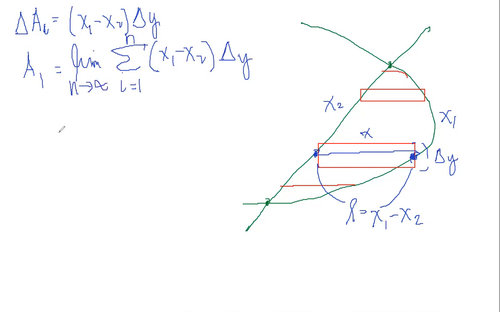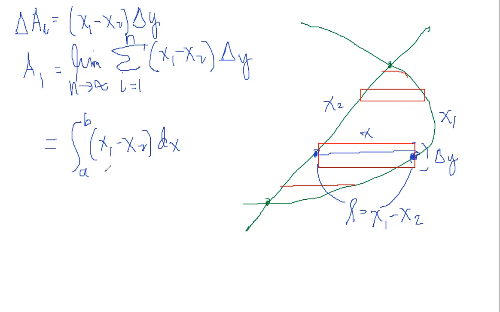Okay, so let's convert this to the integral notation. So this becomes the integral of x sub 1 minus x sub 2 with respect to x from a to b. Okay, so here we go.